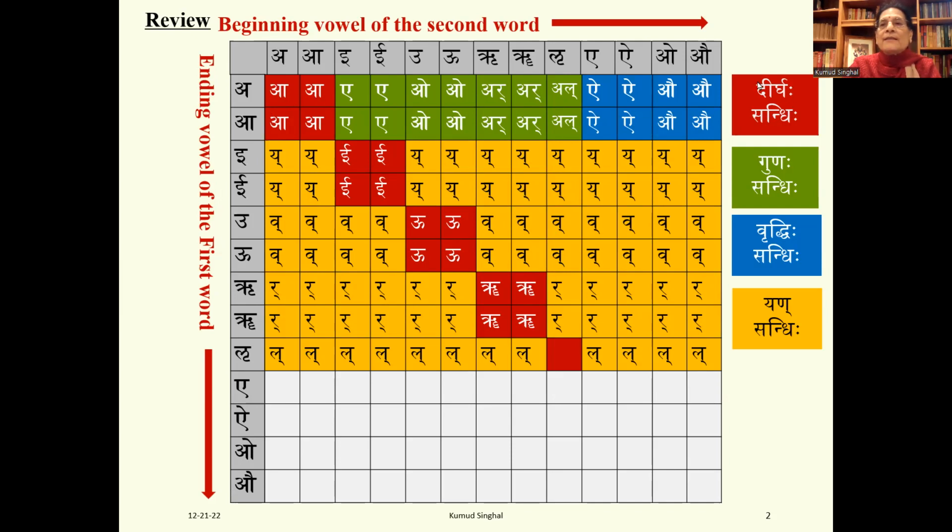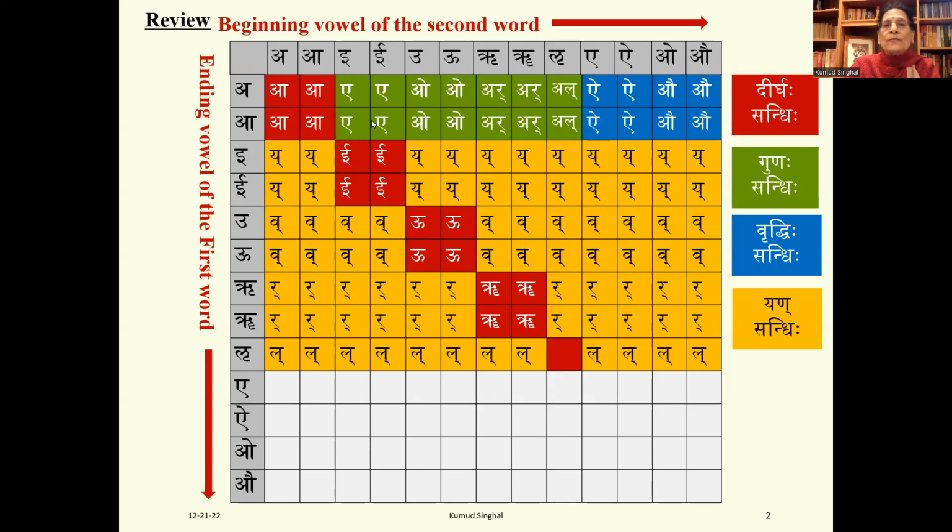So the first sandhi is the dirgha sandhi. The dirgha sandhi says that if a or ā are followed by a or ā, then both the vowels are replaced by a single vowel, which is a long version. So if the word ends in a and the next word begins with a, then a and a will be replaced by long ā. Similarly, i or ī followed by i or ī will be replaced by long ī.